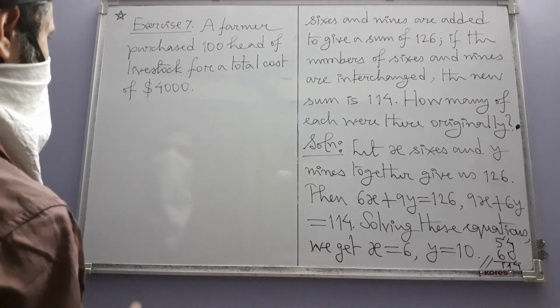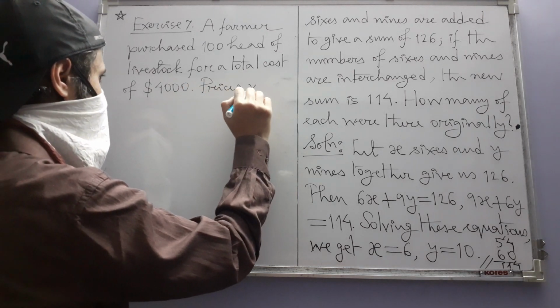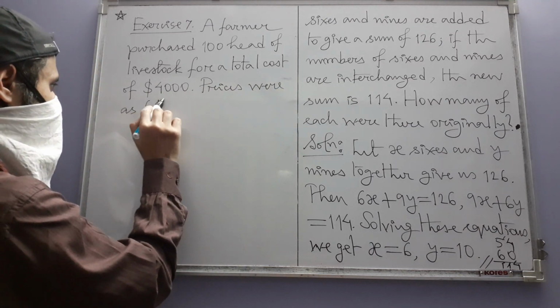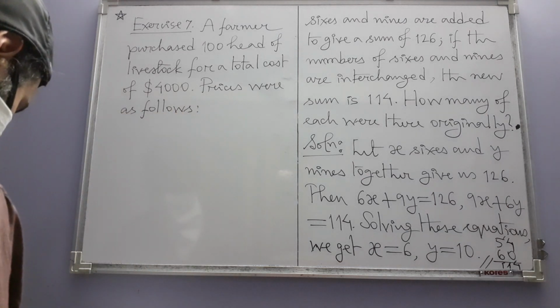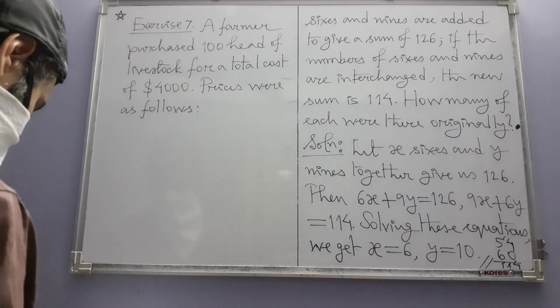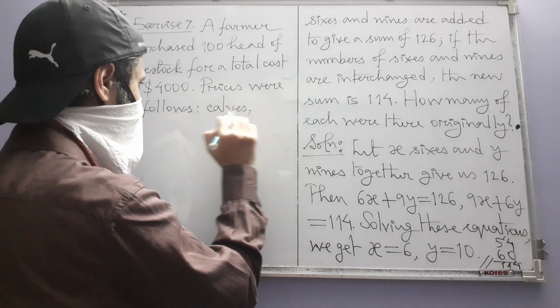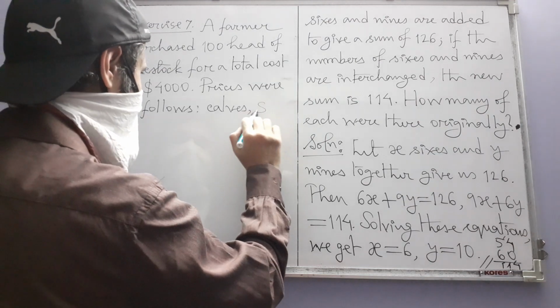Prices were as follows. So calves were bought for how much? $120 each.